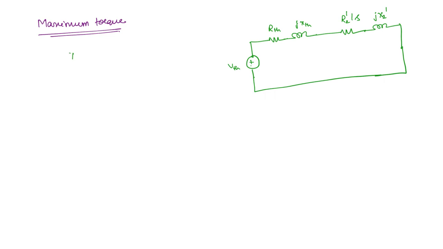Now the induced torque, we know this is equal to the air gap power divided by the synchronous speed, okay? So if T induced has to be maximum, then PG has to be maximum. What is PG? It is the power dissipated in this resistance R2 dash by S, okay?